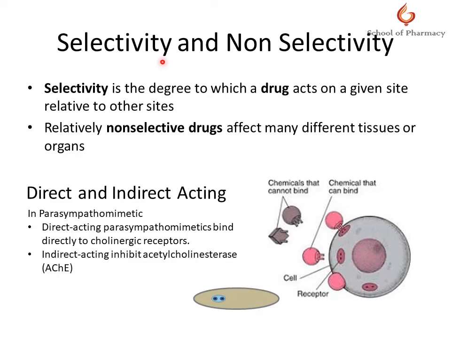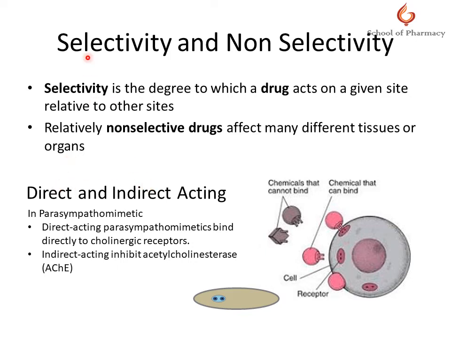Now the selectivity and non-selectivity. What does selectivity and non-selectivity mean? You may have heard the terminology competitive and non-competitive, direct and indirect, because when we do the classification, we will use these terminologies: selective compounds, non-selective compounds, selective agonist, non-selective agonist, competitive agonist, non-competitive agonist, direct acting, indirect acting.